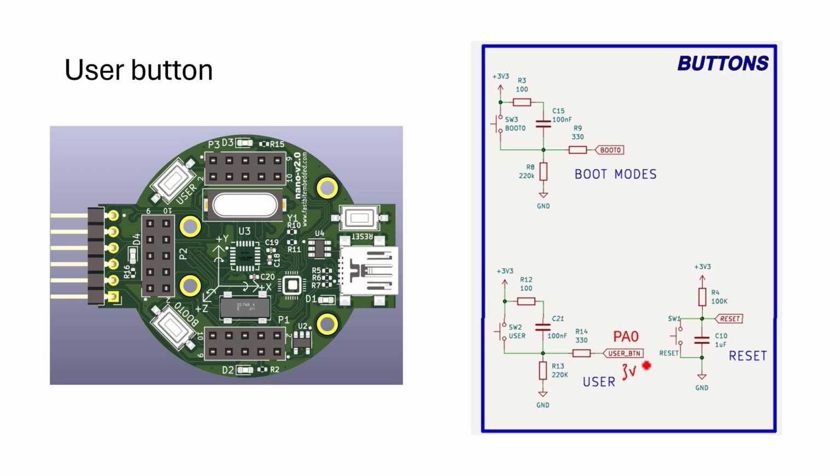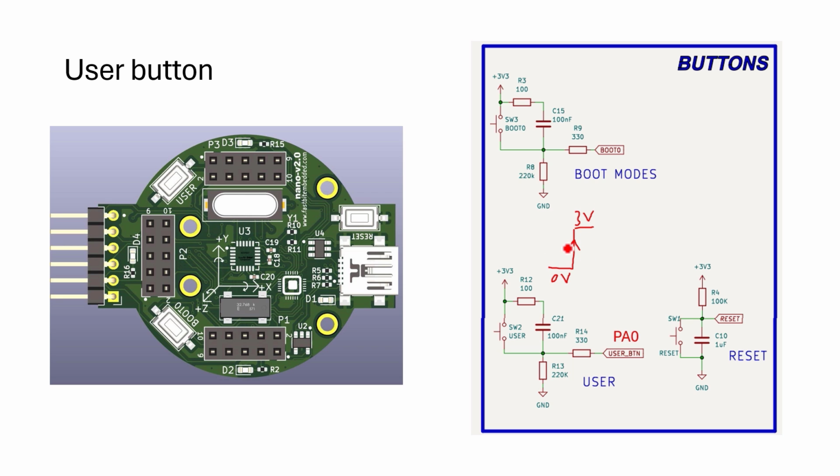But in this application, we need an interrupt, right? We want to have an interrupt. That means, let's say, whenever the rising edge is detected, because it is 0 volt, and when you press it becomes 3 volt, that causes a rising edge, 0 volt to 3 volt.